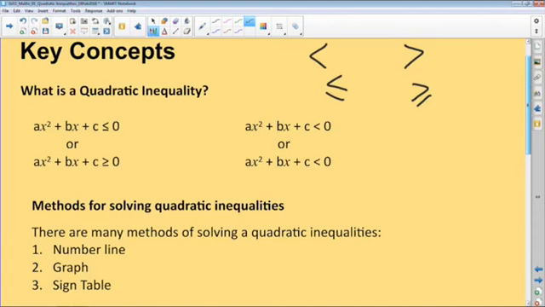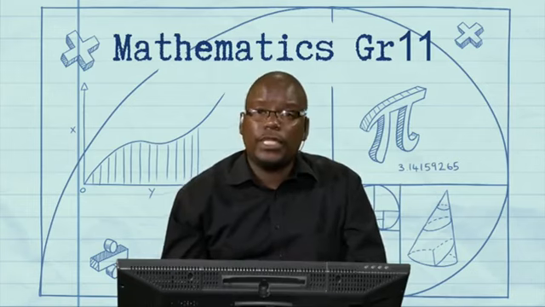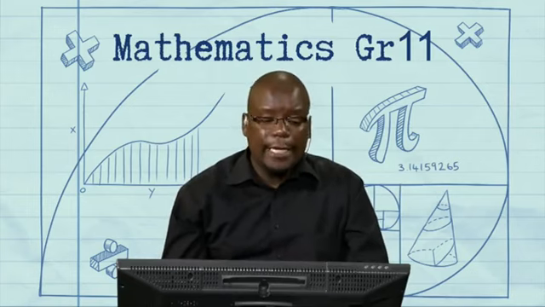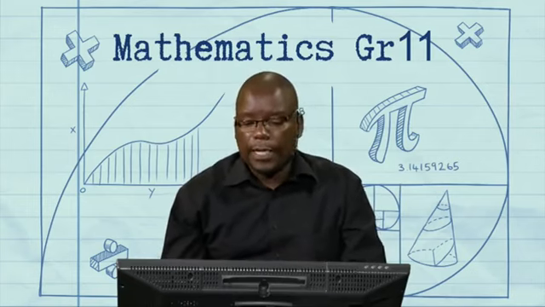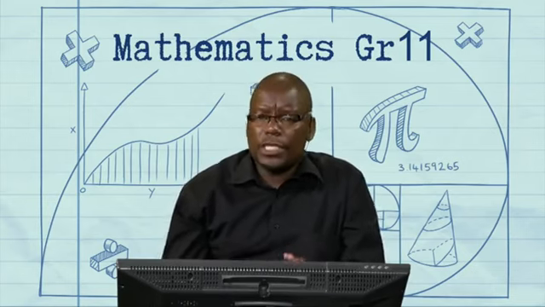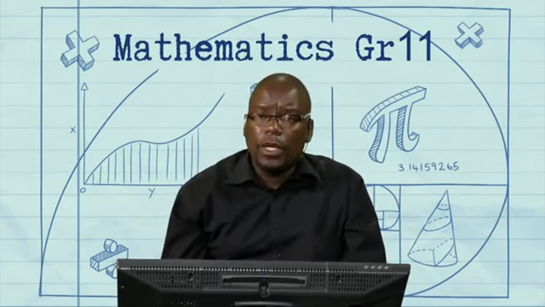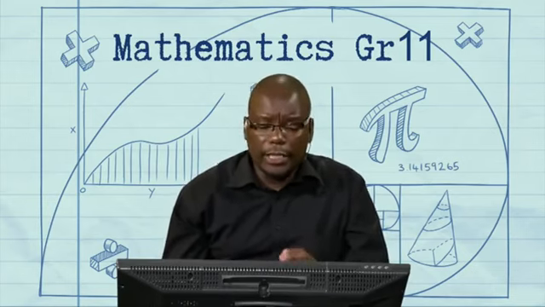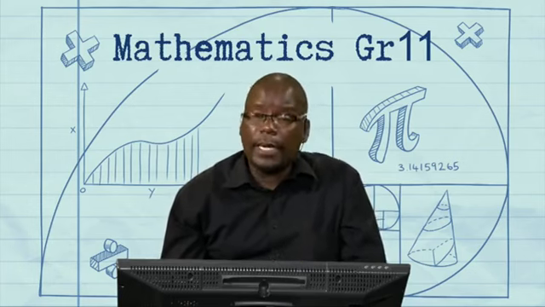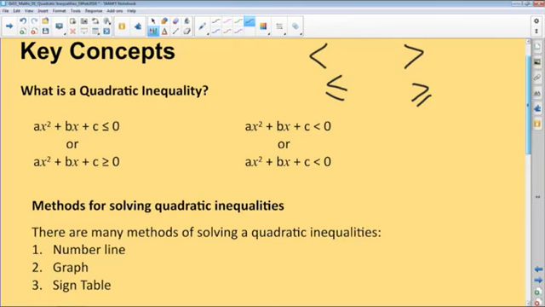And we'll be looking at ways of working out how to solve a quadratic inequality. Okay, grade 11s, there are many methods of solving a quadratic inequality, but I'll just touch on three. You can either use a number line, or a graph, a rough parabola graph, or the sign table, okay?